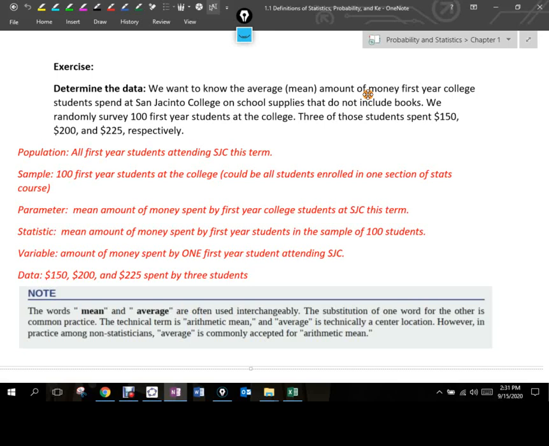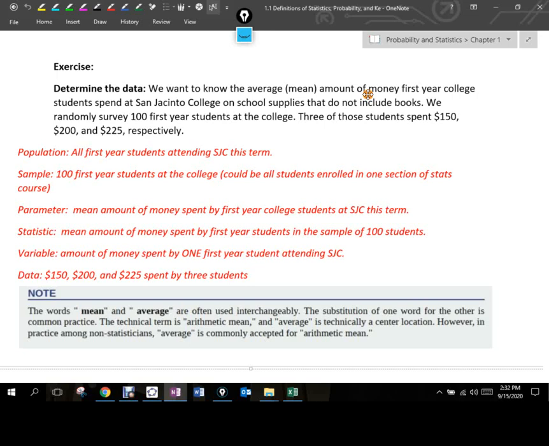But as we go through this, it says 3 of those students spent $150, $200, and $225 respectively. The variable is the thing that we are measuring, the thing that is changing from person to person or situation to situation. Would you guys agree that the amount of money spent is what is varying? Well, that's my variable, and that's going to be these first-year students.